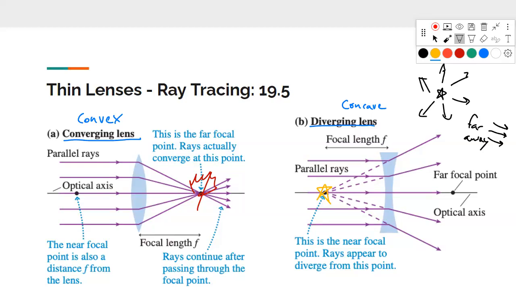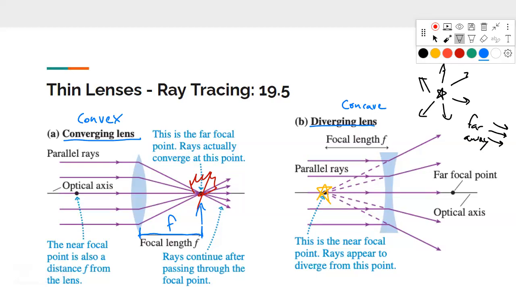Okay, and you see that they label the focal points. Again, for the converging lens, this focal point is where all of that light that was horizontally parallel is concentrated. If we measure from the lens to that point, we call this length f, the focal length.